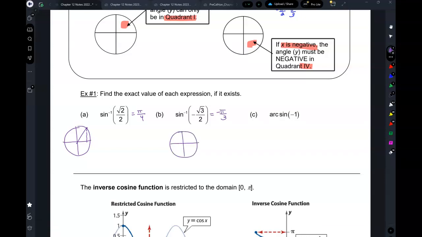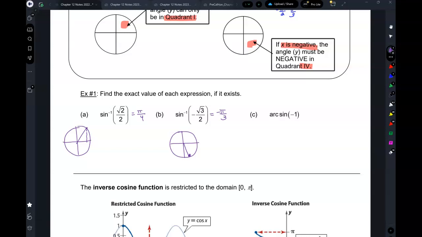Here, sine is the y value. We want it to intercept at a point where the y value is negative root 3 over 2. So that means you have to go down root 3 over 2. For what angle are you going down root 3 over 2? That's negative pi over 3.